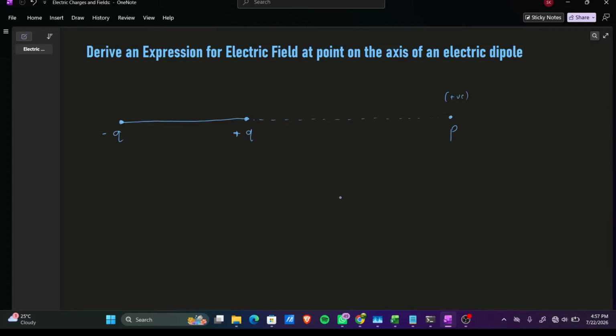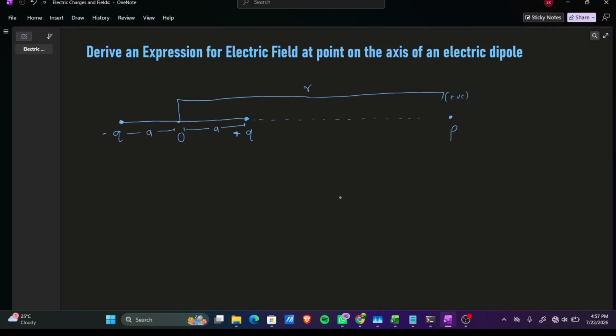Let's suppose this is the midpoint of this dipole, and this distance is a, and this distance is also a. From the midpoint of this dipole to this point, the distance is r.